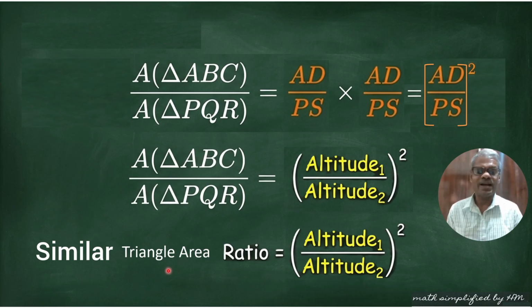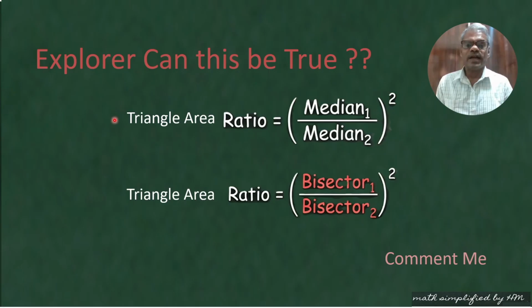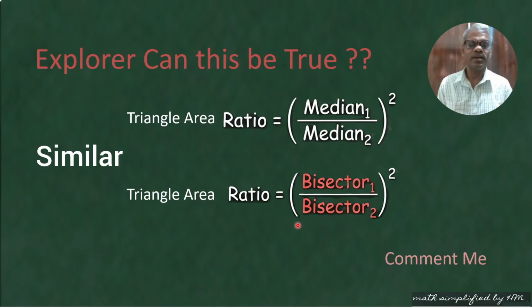Thus, triangle area ratio is equal to (altitude 1 upon altitude 2) whole square. So, this is the magic. Explore, can this be true for triangle area ratio is equal to (median 1 upon median 2) whole square and triangle area ratio is equal to (bisector 1 upon bisector 2) whole square? Comment me.